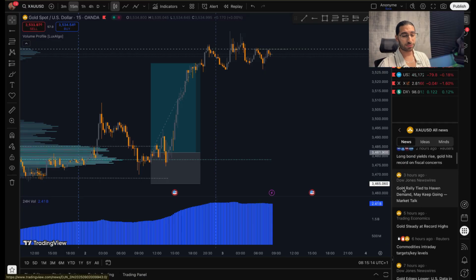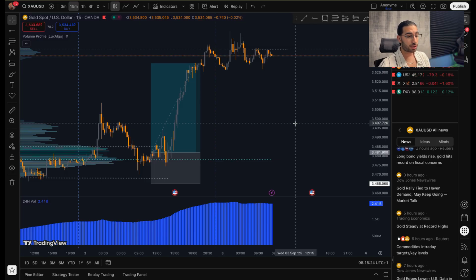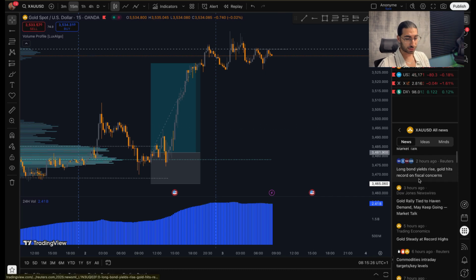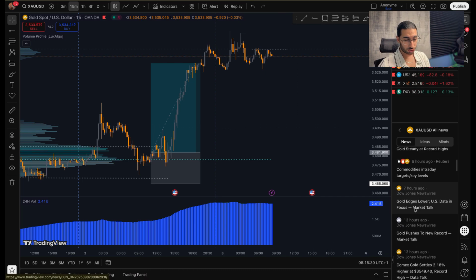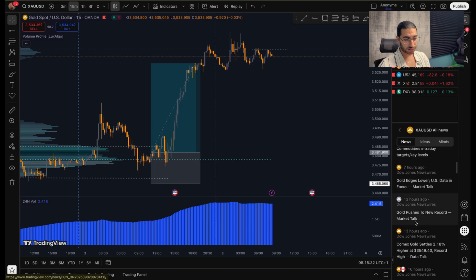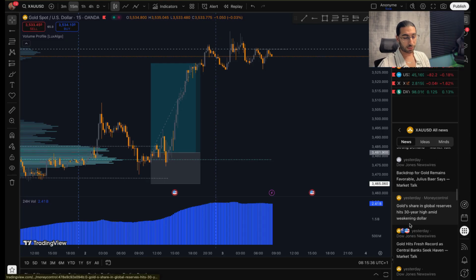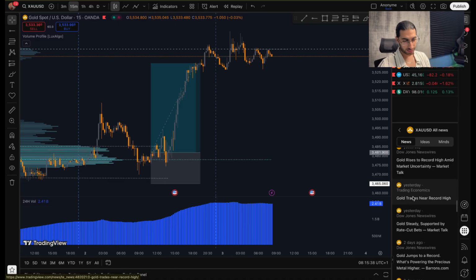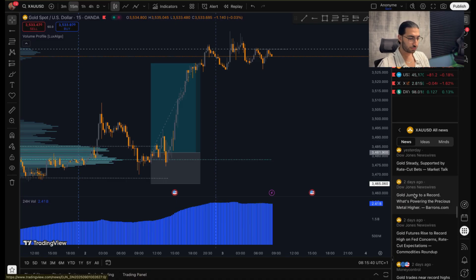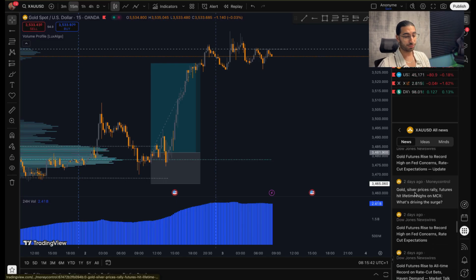And it's important because sentiment analysis is very, very interesting, as the price is also being driven by the psychology of the market participants, right? So you'll have here all the news related to gold and commodities, and probably you'll also have some forex news as well, and some news about global economies.